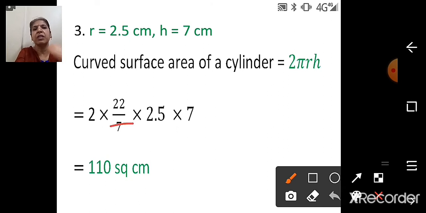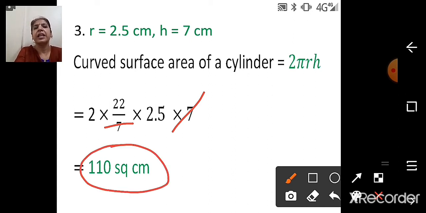Then you know that calculation, 7 ones will get cancelled. What is remaining is, you can multiply 2 with 22, 44. That 44 you multiply with 2.5 and you will get the answer 110 square centimeter. Or we have also learnt, when there are 3 numbers to multiply, you can choose the 2 smaller ones or simpler ones.